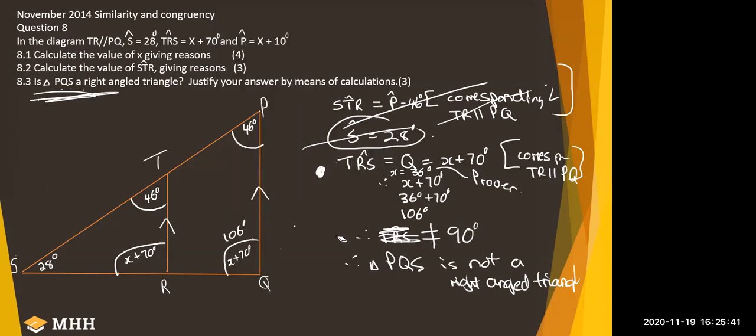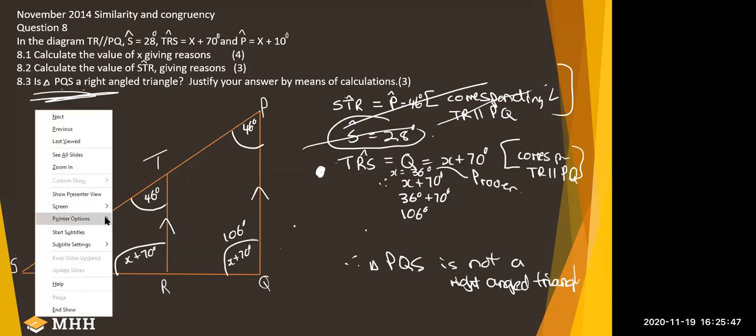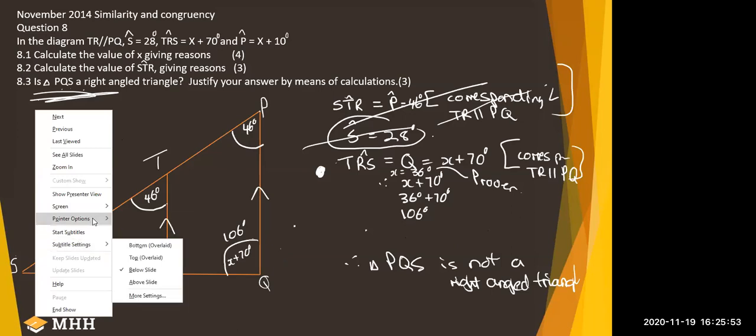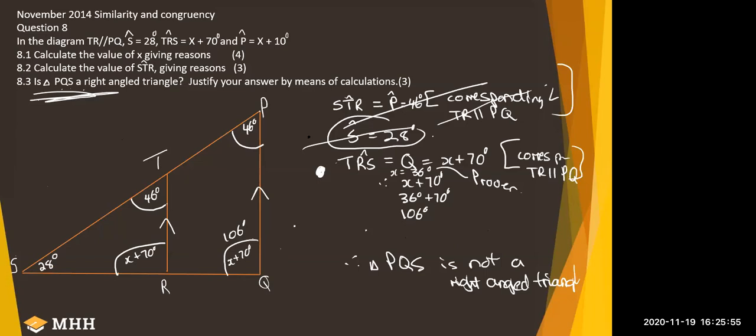Yes, ma'am. What is more correct here is to say, therefore, not any of the angles are equal to 90 degrees. So anything here that makes sense, this would have been fine. And then I can say, therefore, not any of the angles. Because what if this was 90 degrees?